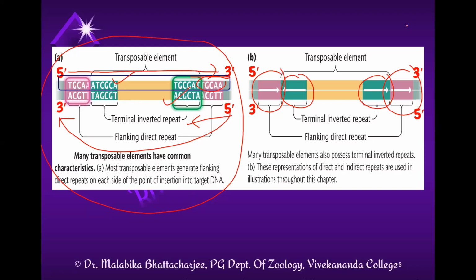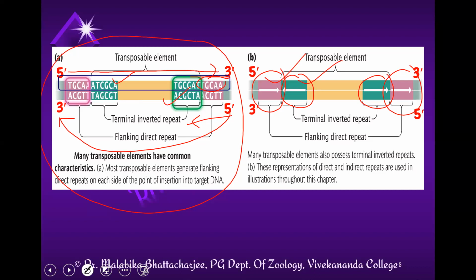So with this basic concept of what a direct repeat is, what an inverted repeat is, and how they are shown in textbooks, keep in mind at the back of your mind that not all DNA sequences can jump.